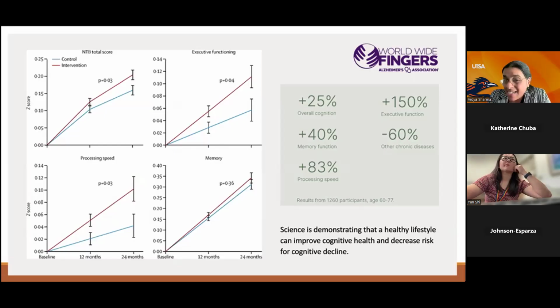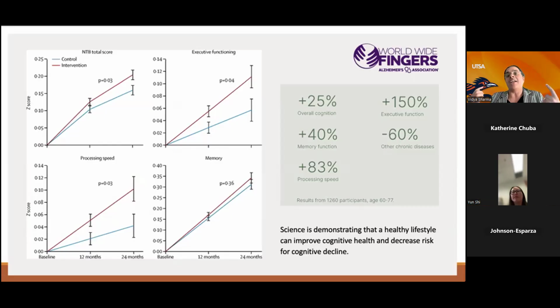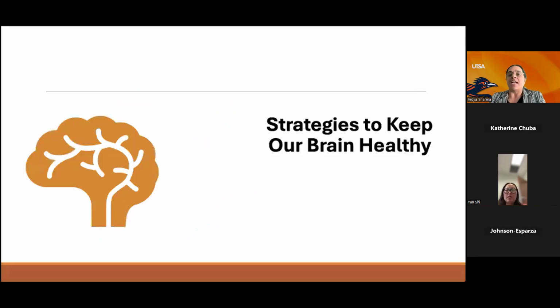There's also a significant increase in the brain processing power. And obviously, when people are making changes in all that, it also lowers the risk for a lot of chronic diseases. So hopefully that gives a little bit of understanding of why nutrition is key, and what studies really validate the fact that nutrition is the key.